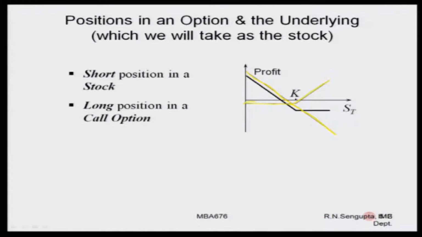Again, here you think ST in the long run would be greater than X or K, which means if this would have been the profit, this would have been the loss.